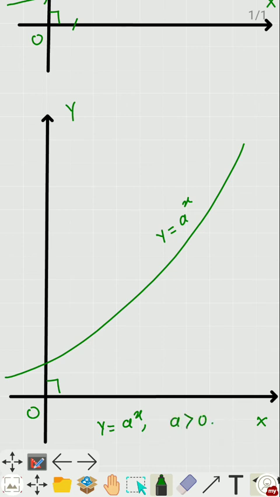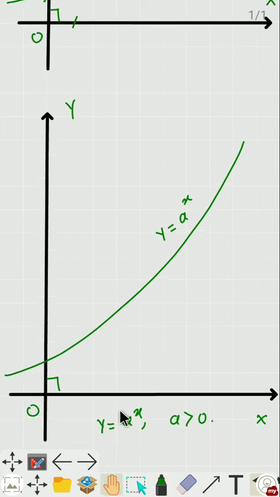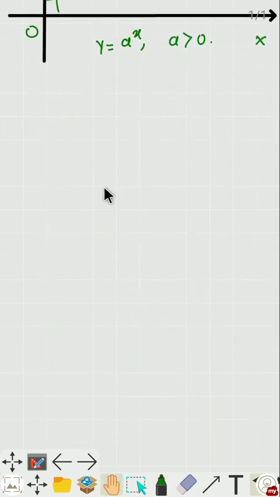The next and last type of function is the logarithmic function. This is the third type, 1, 2, 3, and it is called the logarithmic function.